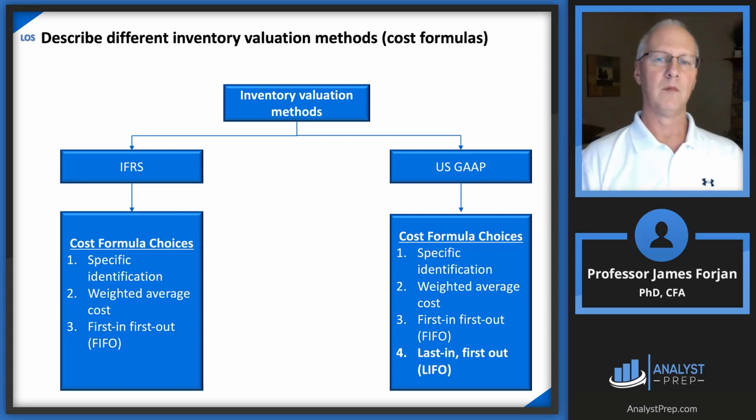And so both the IFRS and U.S. GAAP agree that firms can use specific identification or the weighted average cost or the first in, first out. But in the United States, LIFO is also recognized. And so that fourth number over on the bottom right-hand side of the slide, that's going to cause us some interesting implications, and we're going to address those in some LOSs as we get through the slide deck.